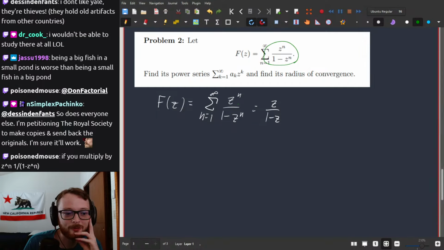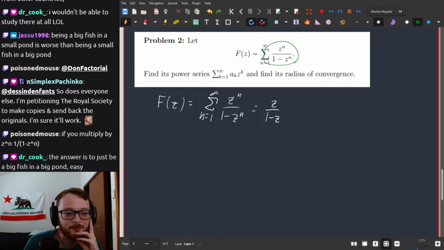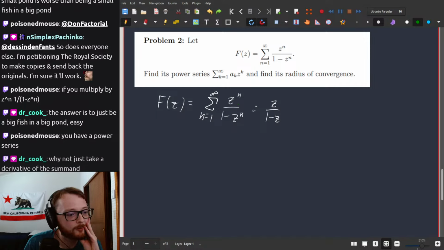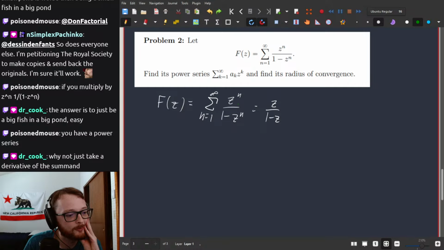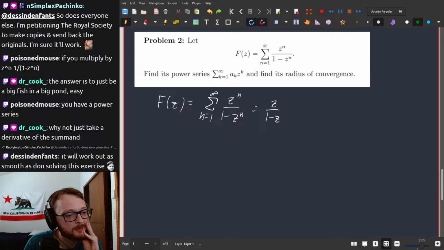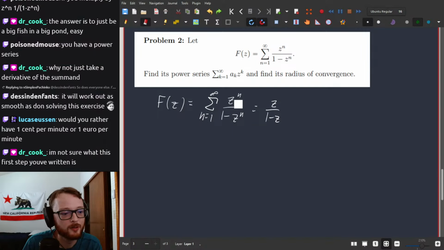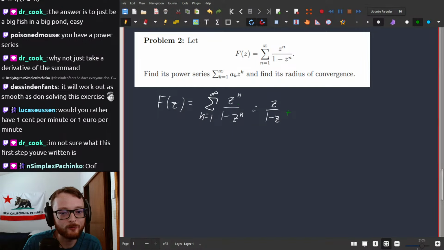It's not 0. If you multiply z to the n by 1 minus 1 over z to the n, you have a power series. Oh, Cook, that's so much smarter. I was going to expand just to get the first few terms. But that's not smart, right?